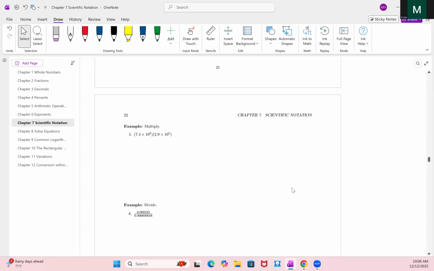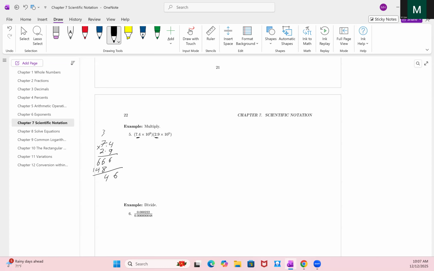Now, given numbers in scientific notation, let's multiply. We multiply the decimals, the 7.4 and 2.9. So 7.4 times 2.9. 9 times 4 is 36, 6 carry over 3. 9 times 7 is 63, plus 3 is 66. 2 times 4 is 8, 2 times 7 is 14.